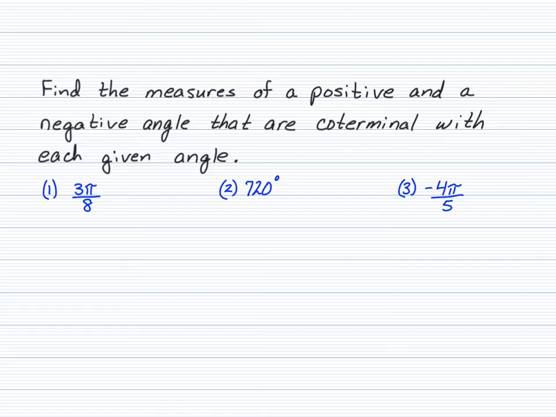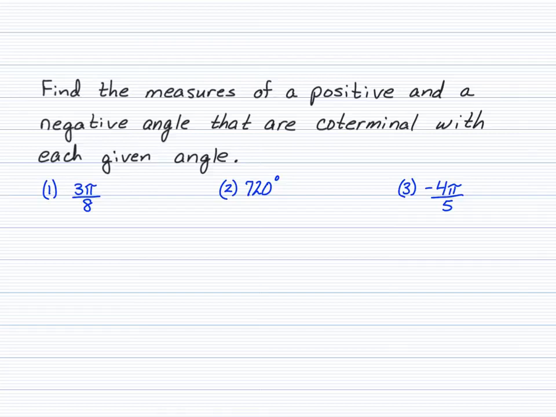Now that is if your angle given to you is in degrees. On question 1, the angle given to us is in radians. So instead of adding or subtracting multiples of 360 degrees, we have to do the radian equivalent of 360 degrees, which means adding or subtracting multiples of 2 pi until we get the question answered.